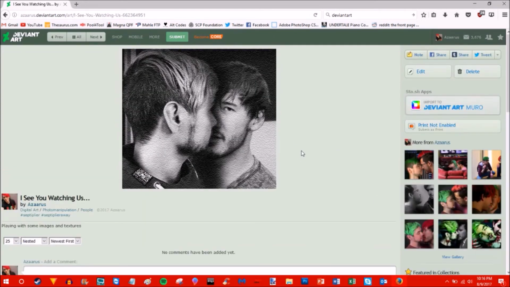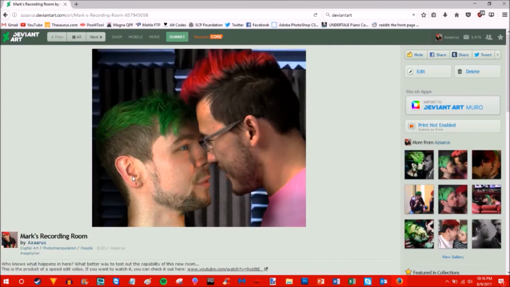This one I was messing around a little bit with textures, but as you can see, the placement of their faces and the angles of their heads are so very important when doing images like this. Like this one, I had to make sure, if I wanted to use this photo of Jack looking off to the right and looking up, that I used an image of Mark where he was looking down and to the left.